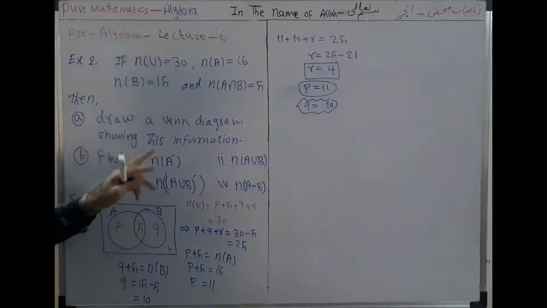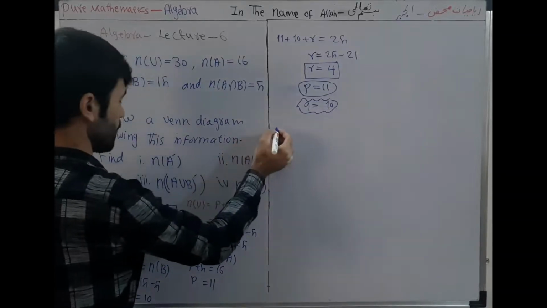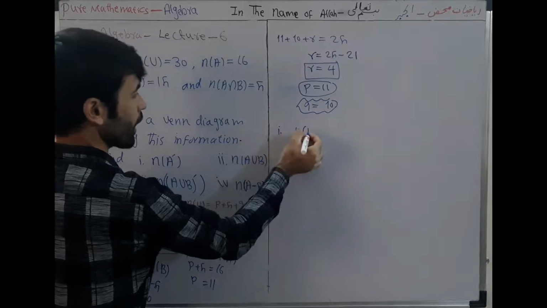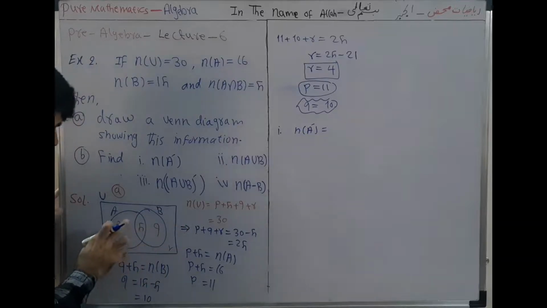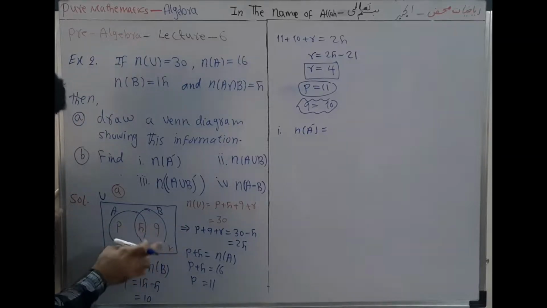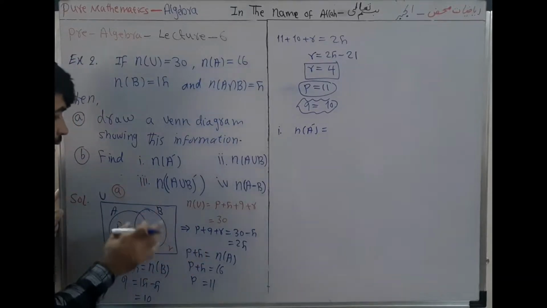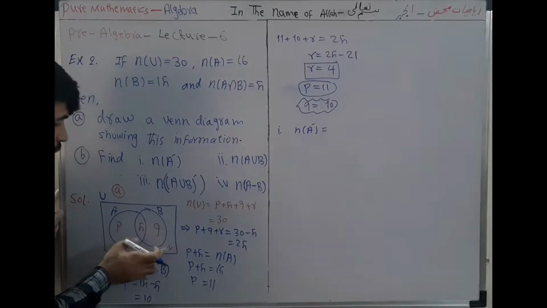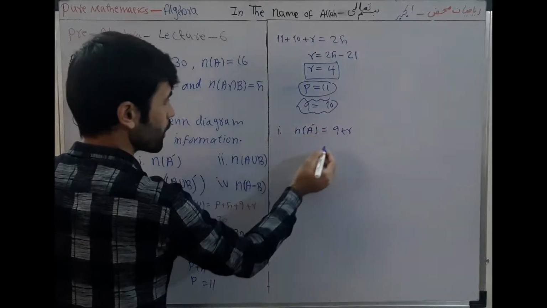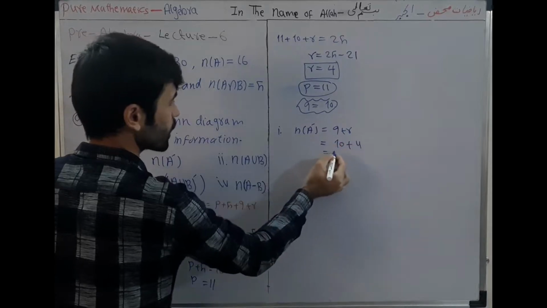Now we want to find n of A complement. Number 1, n of A complement is those elements which are not in A, that is Q plus R. Q plus R is the elements outside of A. Q is 10 plus R is 4, which is equal to 14.